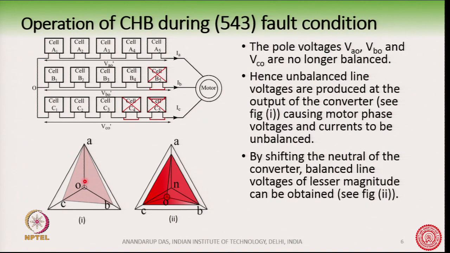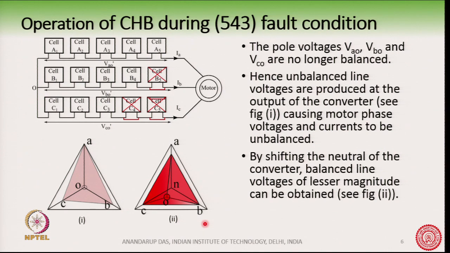But if we change the angle between them, which is shown by this red color equilateral triangle, here you can see that AO, BO, CO are unequal, and the phase shift between the pole voltages AO, BO, CO is not 120 degrees anymore, they are different angles.